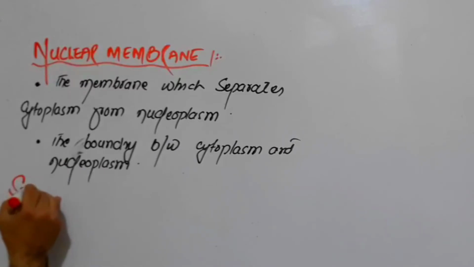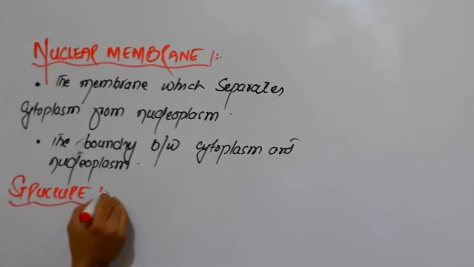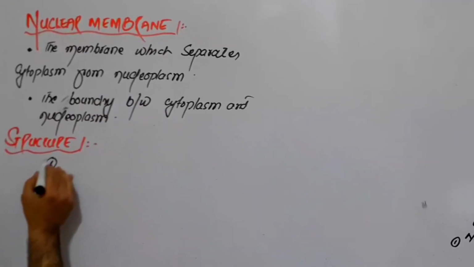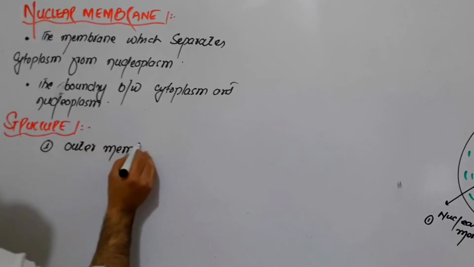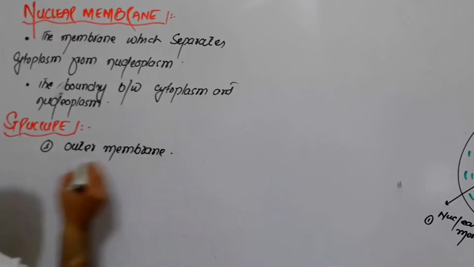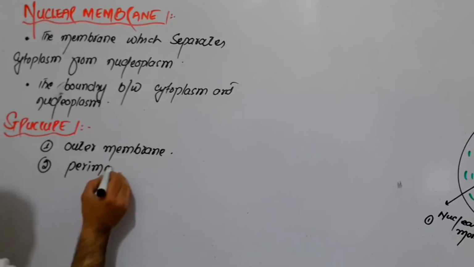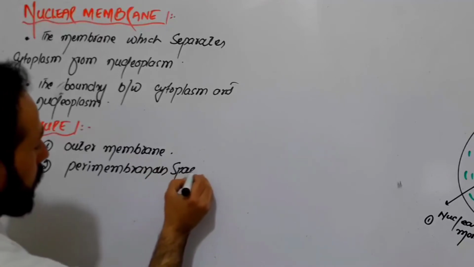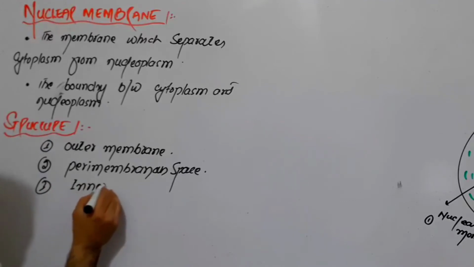Now let us enter into the structure of the nuclear membrane. It consists of, number 1, an outer membrane. Then number 2, it contains a perimembranous space. Then number 3, it consists of an inner membrane.